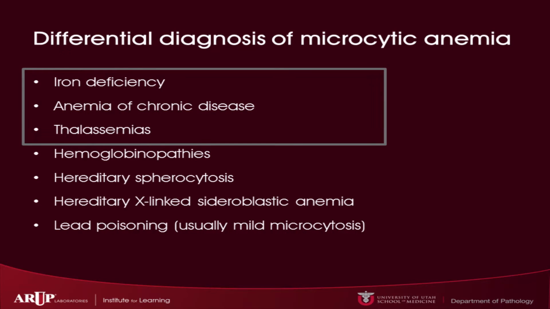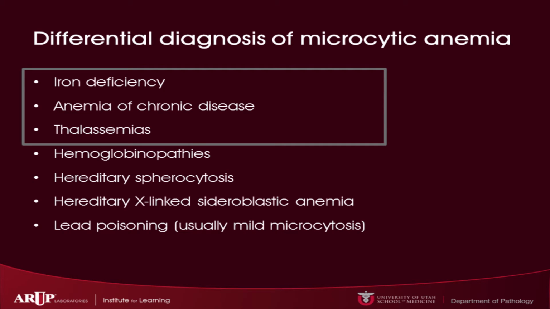Based upon the size of the red blood cell, if it's a microcytic anemia, the most common causes of microcytic or smaller size of the red blood cells are these three: iron deficiency, anemia of chronic disease, and thalassemias. These are also the established causes of microcytic anemia.